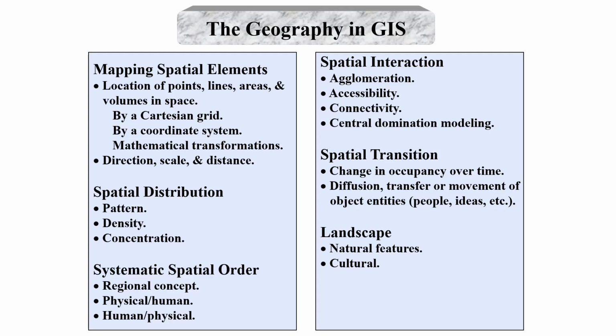GIS helps mapping spatial elements, and we use the same coordinate systems as for analog maps. We can explain location of points, lines, areas, and volumes in space by Cartesian grid, by Earth coordinate system.